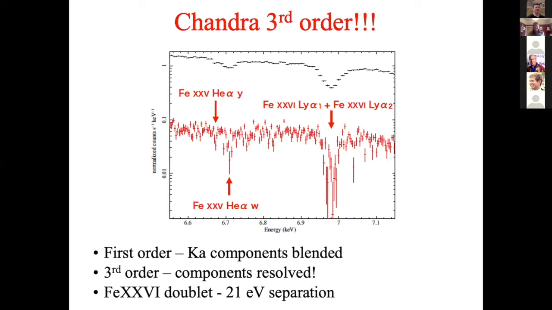And you look at the iron 26, and you can resolve the doublet. I reckon I can resolve that doublet, which is 21 eV. If I could see my cursor, yes, here's my cursor. I reckon that doublet is actually resolved.